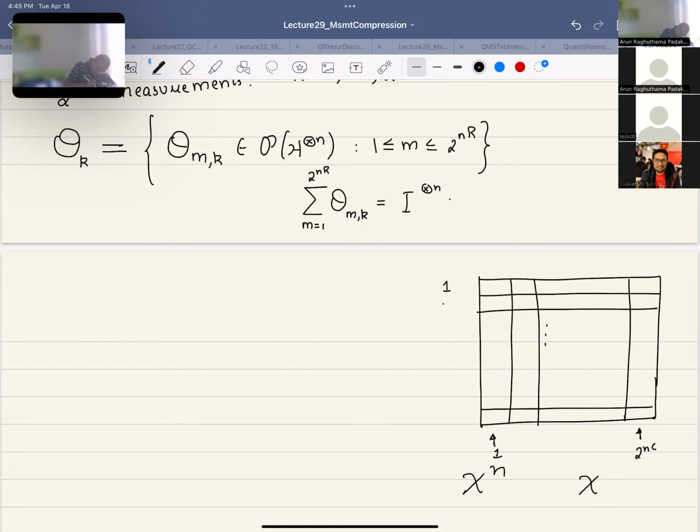So how many rows are there? 2 power nR. Each column corresponds to a measurement in your bank. So let me write this down: each column corresponds to a measurement in your bank.